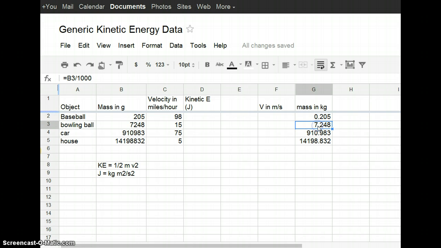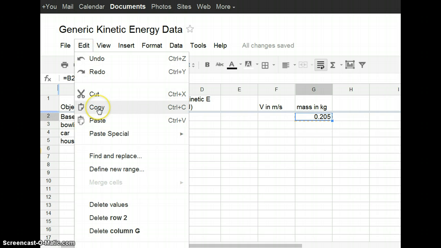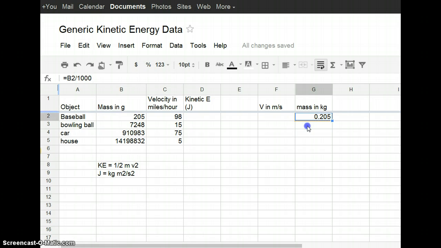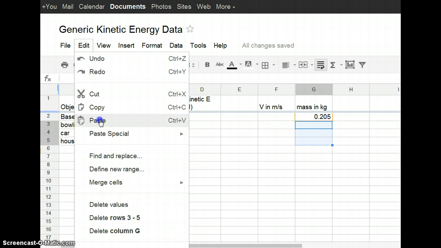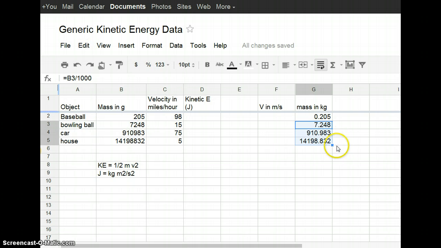I'm not sure if in Google Docs, if I go up here and go Edit, Copy, and then Shift, arrow, arrow, arrow, and then Edit, Paste. Yep, that works too. Awesome. So now I have my masses in kilograms.